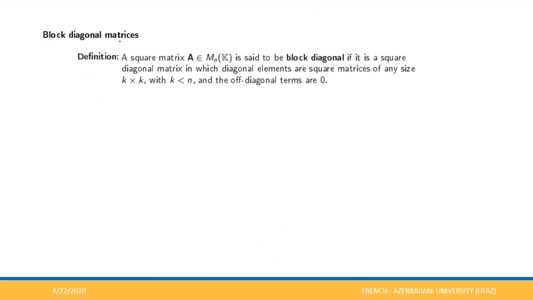Block diagonal matrices. Definition. An n by n square matrix A is said to be block diagonal if it's a square diagonal matrix in which diagonal elements are square matrices of any size k times k, with k less than n, and the off-diagonal elements are 0.